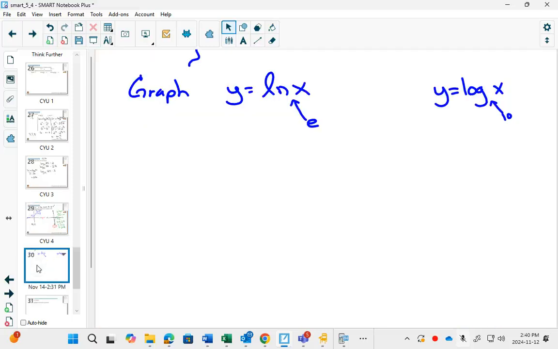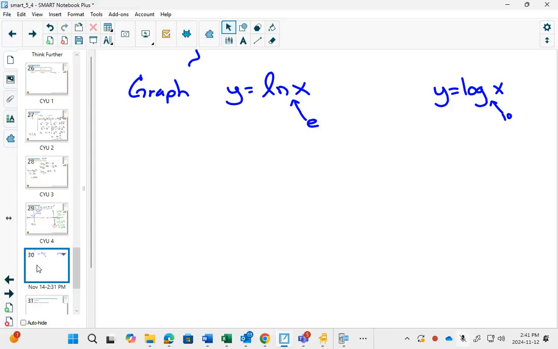I'm going to introduce you to ln of x. ln is French for natural logarithm. In French, it's logarithme naturel or something very much more well-defined and pronounced than probably what I did there.